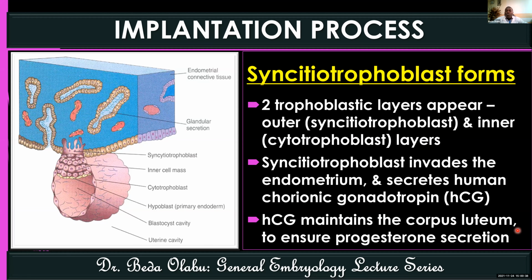Well, that's more of a clinical application of the biology. The role of HCG is to maintain the corpus luteum so that corpus luteum can continue to produce progesterone. We are going to talk about that shortly when we talk about the hormonal changes.